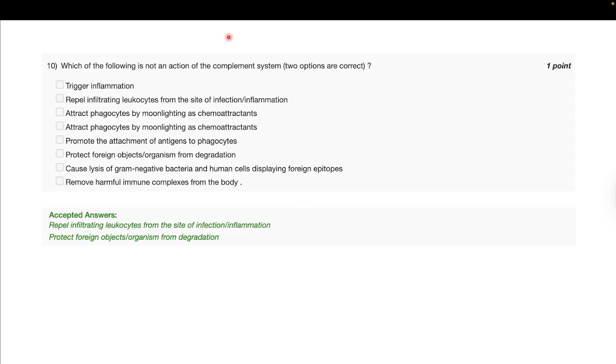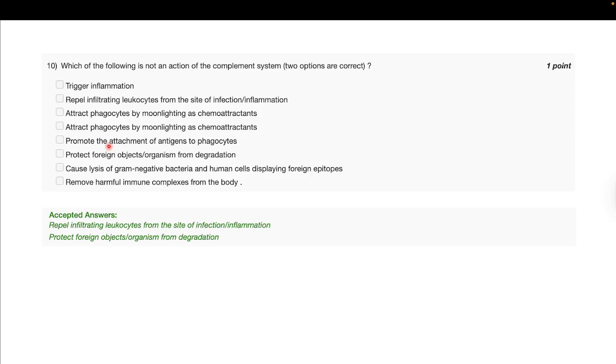So if you just see the options, trigger inflammation, that is done by complement system. It repels infiltrating leukocytes from the site of infection or inflammation, that is incorrect. It actually attracts these leukocytes. Attracts phagocytes by moonlighting as chemoattractants, correct option. Fourth option is again a repeat of the third option. That happens. Promote the attachment of antigens to phagocytes. Yes, that is, we just saw it.